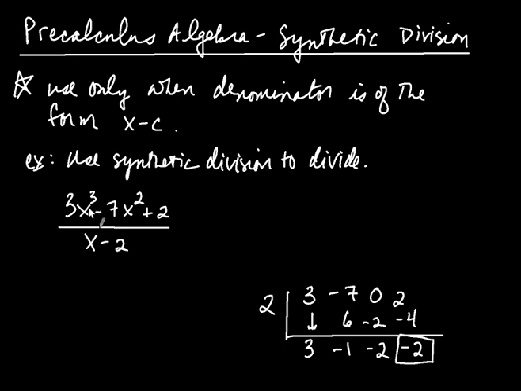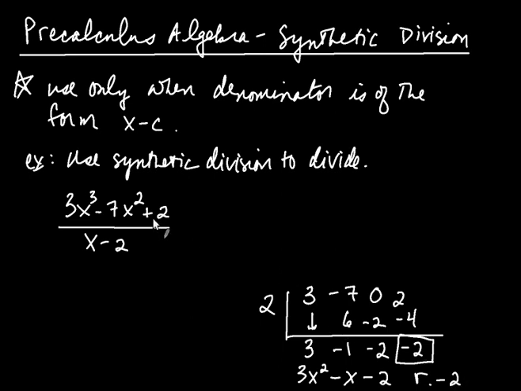In this case, the numerator is of degree 3, so the 3 goes with x squared. So this corresponds to 3x squared, and then you work your way down, minus x to the first, and then that's the constant term, -2, and then it's the remainder of -2.